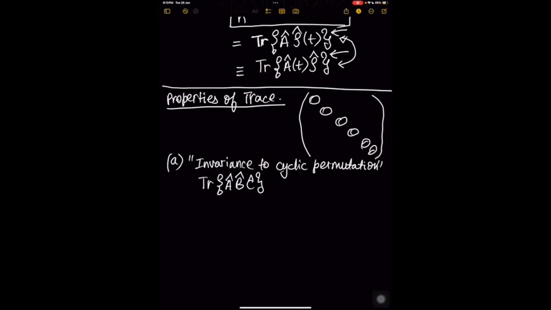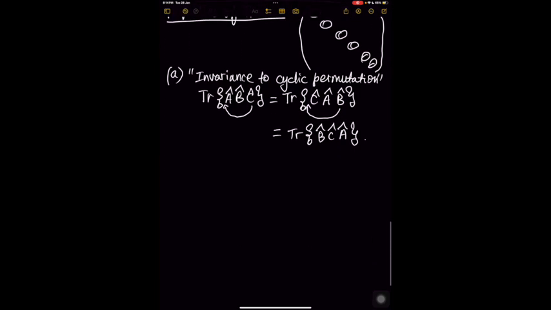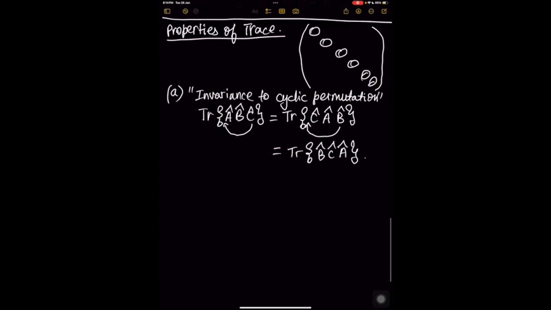If I permute these 3 operators in a cyclic fashion, which means that if I move C hat here, then the trace remains the same. And of course, I could do another cyclic operation and move that here. So that would be this. So if I take the trace of the product of A hat, B hat, C hat, or C hat, A hat, B hat, or B hat, C hat, A hat, that should give you the same result.